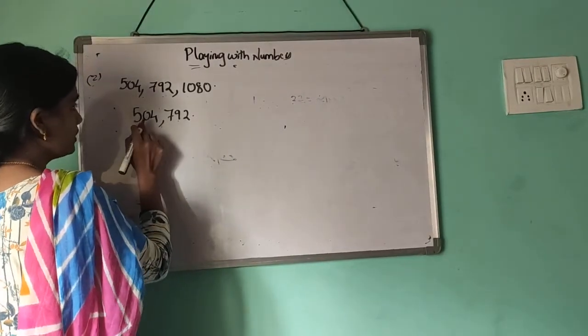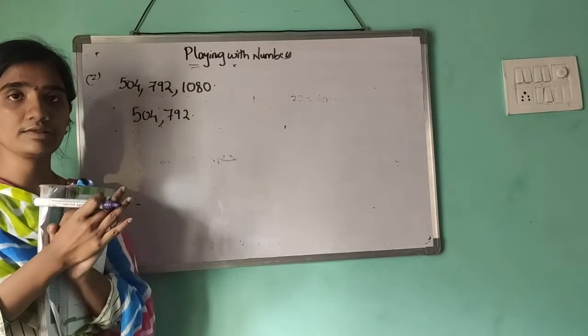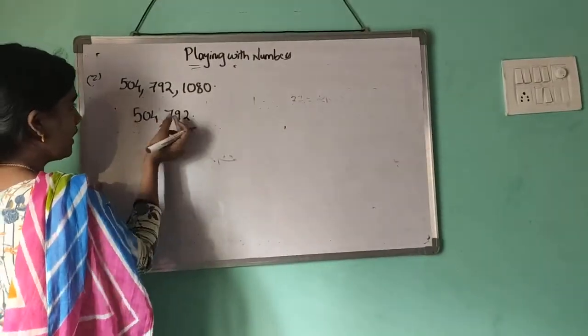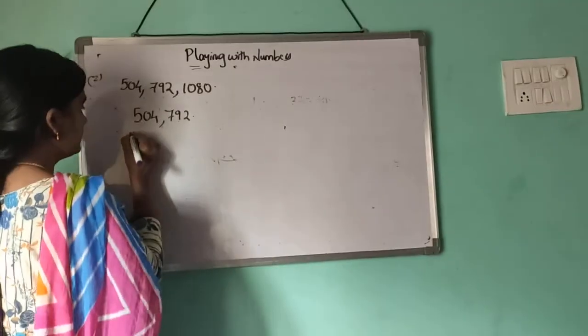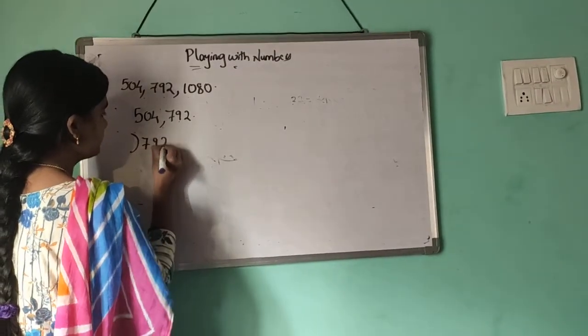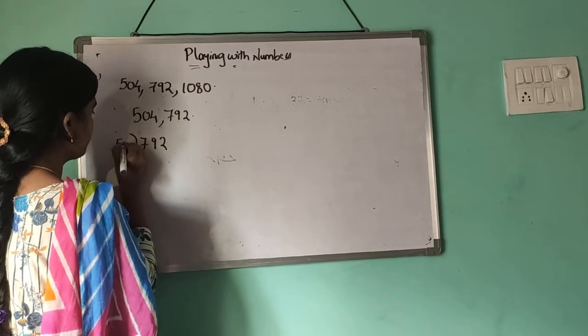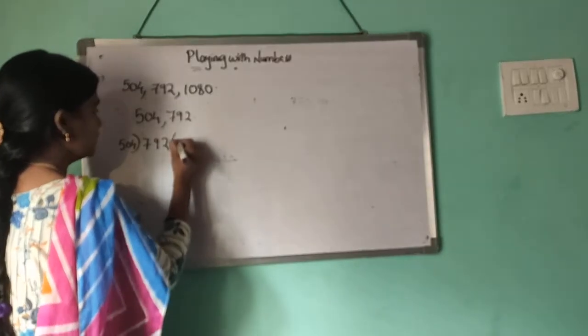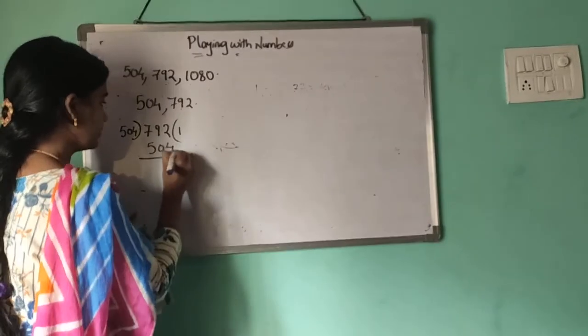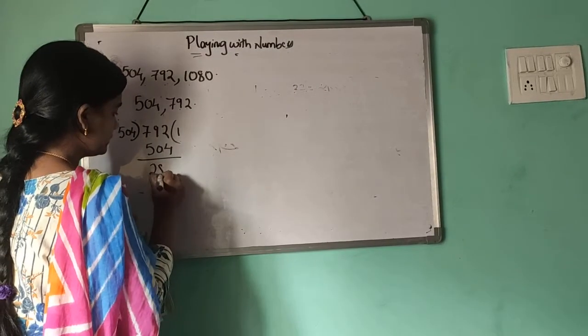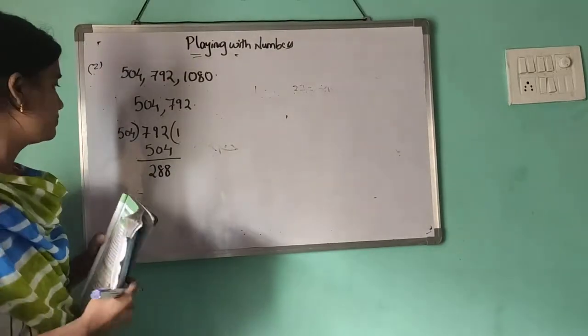So, comparing these 2 numbers, the highest number is divided by the smallest number. First, this highest number is divided by the smallest number. That means 504, 1 time. Subtract, we get the answer 288.